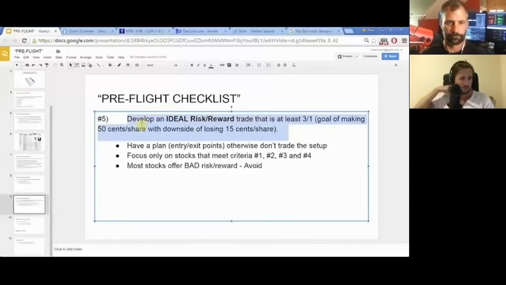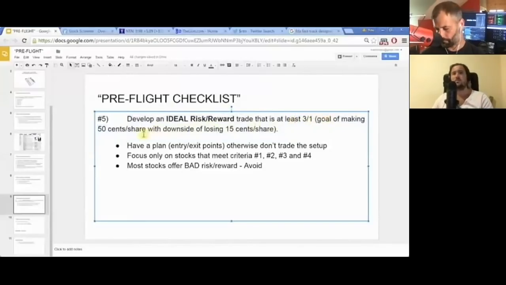And we'll get to this as well, ideal risk reward. And that just goes along with the analysis of the support resistance lines and where the stock's been trading. Ideally, you must have a 3-to-1 risk reward, meaning you should be looking to make 50 cents to $1 a share with downside of roughly 15 to 30 cents a share, depending on the price of the stock.